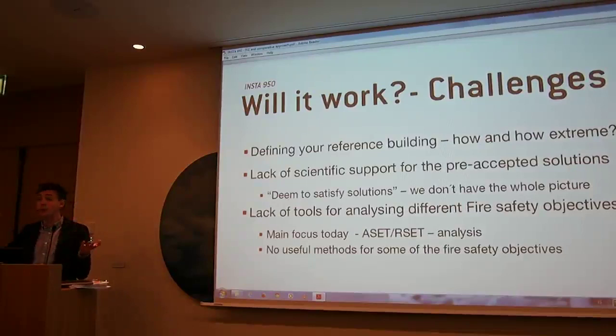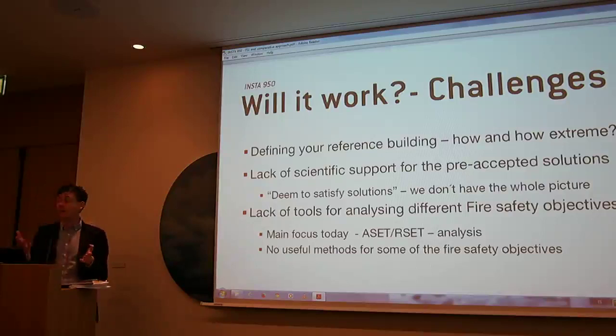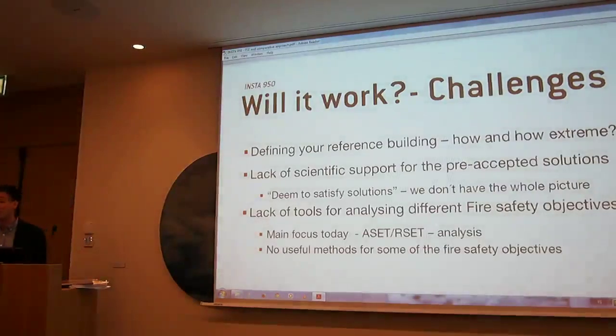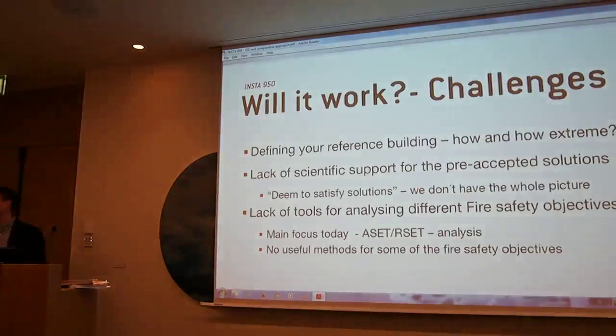Well, in Sweden we have the same building codes for these kinds of buildings. Or when I work with the occupancy, I have a residential building, a big complex, or a small cottage. It's difficult to define your reference building and know how I should do it and how extreme I can go. I think we have to work more with this part of the technical specification to ensure that my equivalent reference building is good enough.